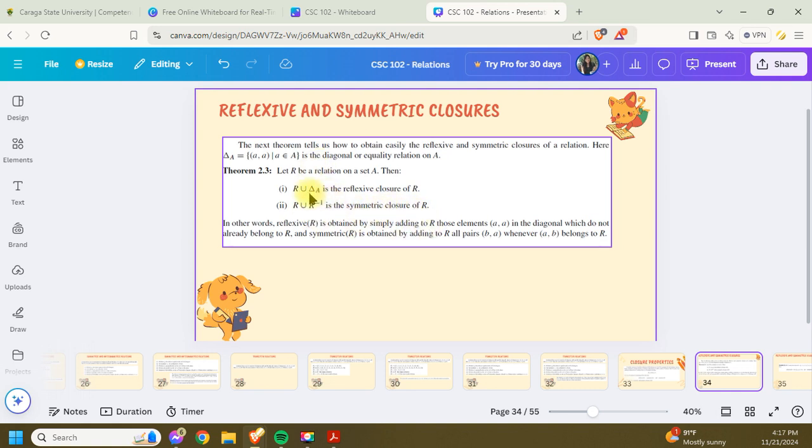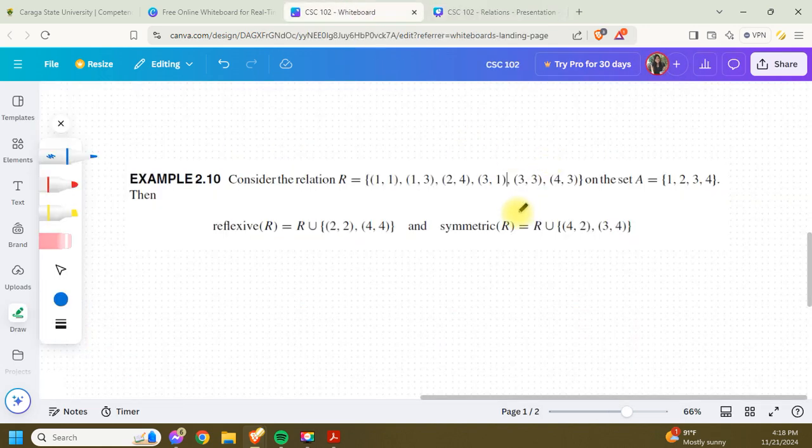It just means that we have enclosed your R with its reflexive closure, and then we have enclosed your R with its symmetric closure. So it means reflexive closure of R because we include reflexive properties, and symmetric closure of R because we include symmetric properties. Okay, so what does that mean?